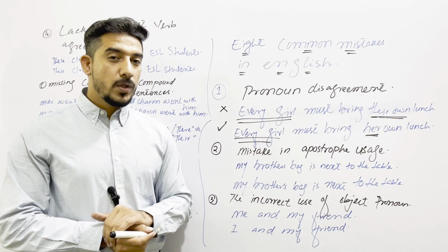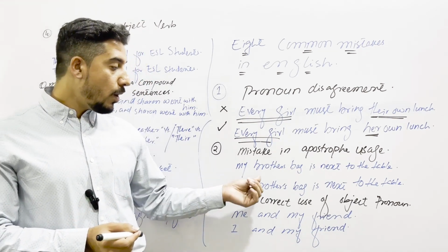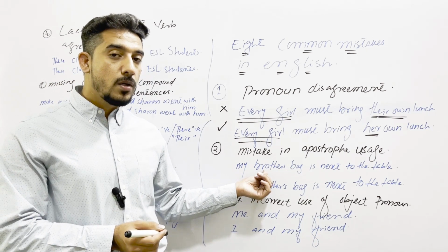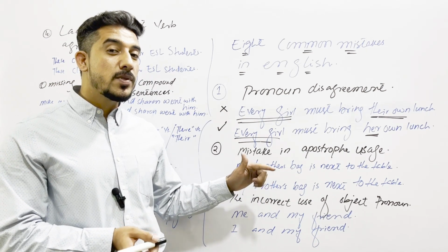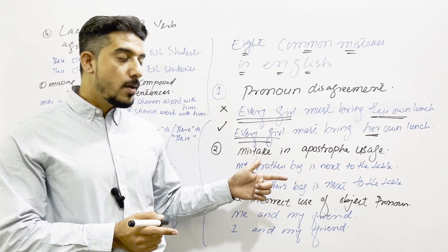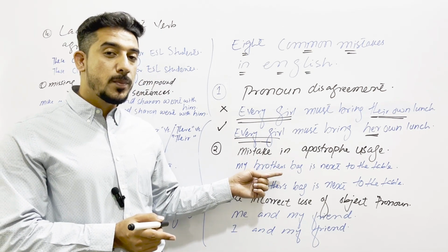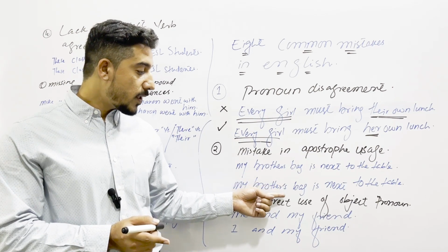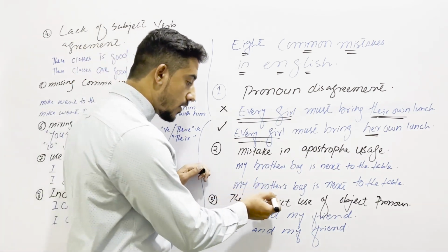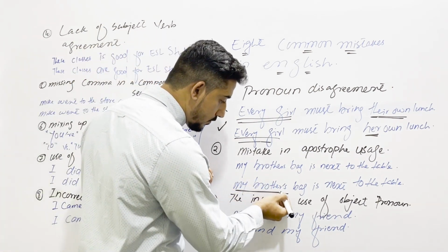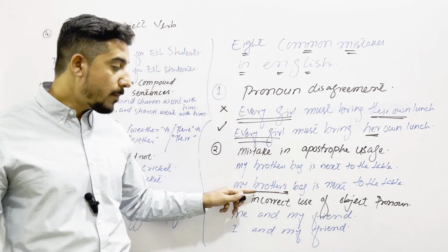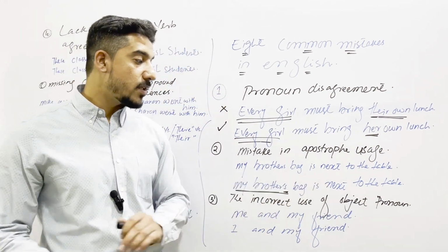It is very important to know when you are using possessive noun, it shows possession. So when using possessive noun, we are expected to use apostrophe as is used here. My brother's bag is next to the table.